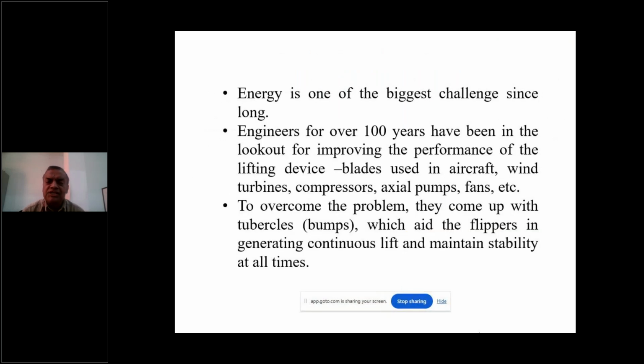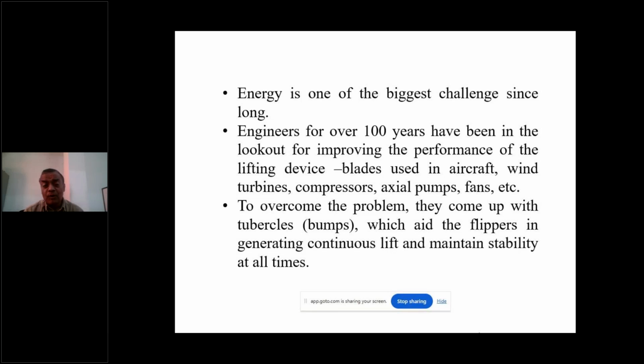Energy is one of the biggest challenges since long. This is another example. Engineers for over 100 years have been on the lookout for improving the performance of lifting devices like blades used in aircraft, wind turbines, compressors, axial pumps, fans, etc. Many of them are from mechanical engineering and aerospace engineering, and many are for civil engineering also, because turbines come to both domains, civil engineering and mechanical engineering, equally important.